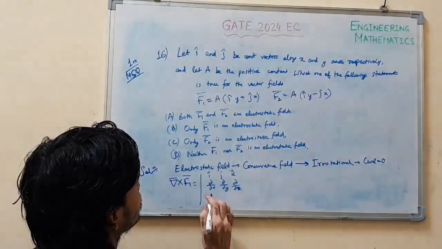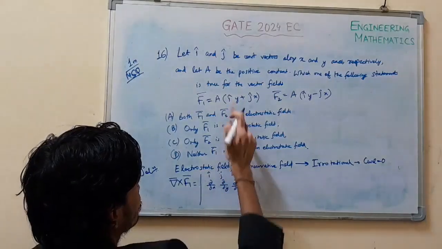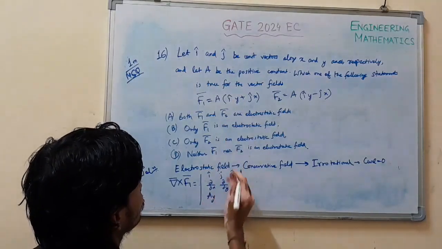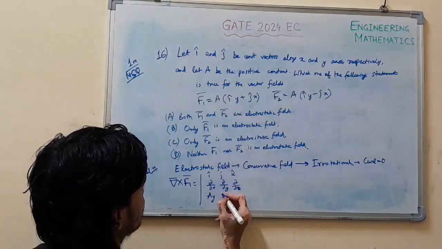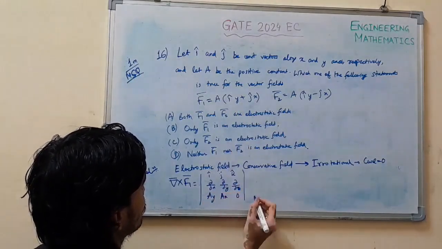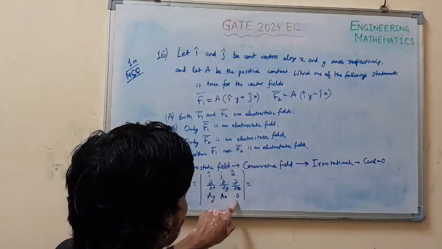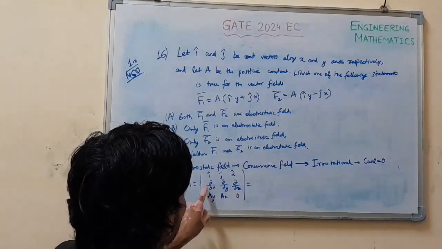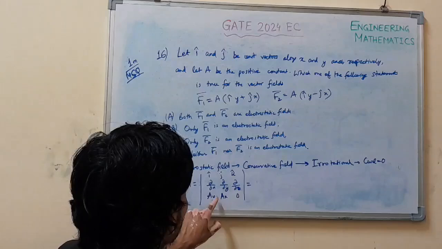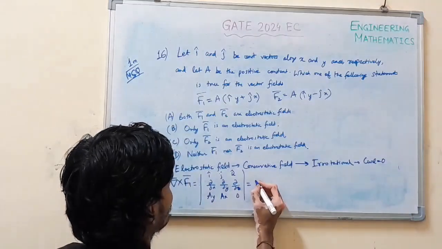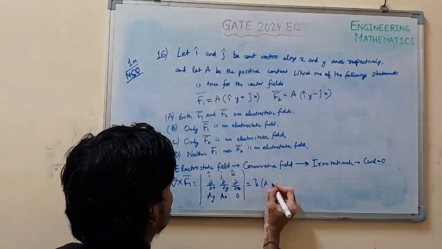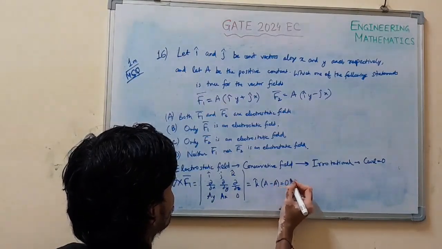The x component is ay, the y component is ax, and the z component is 0. So this will be k cap times (a minus a), again 0, a zero vector.